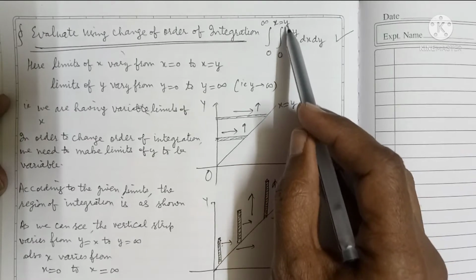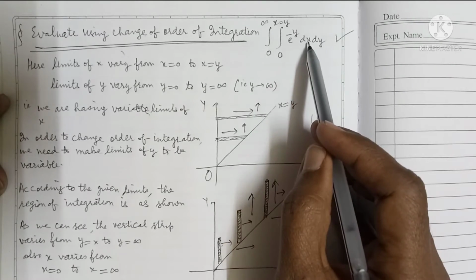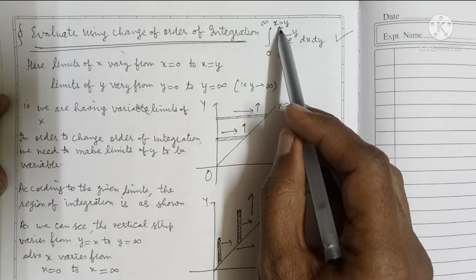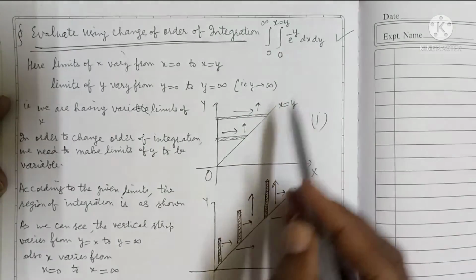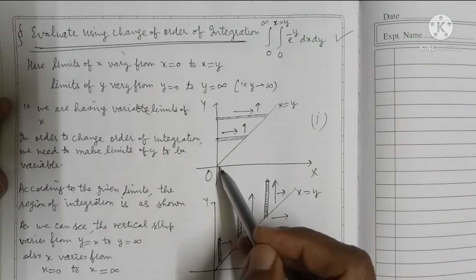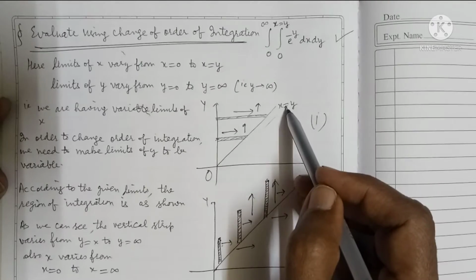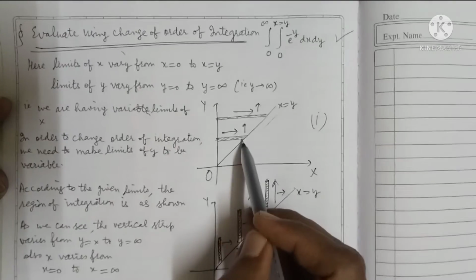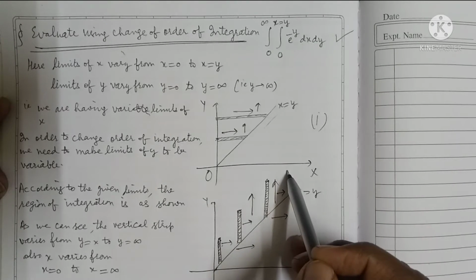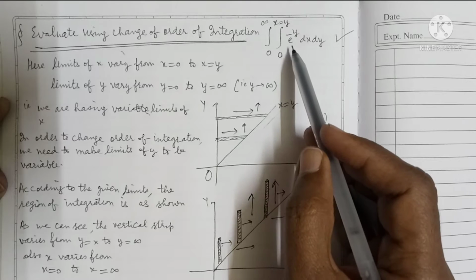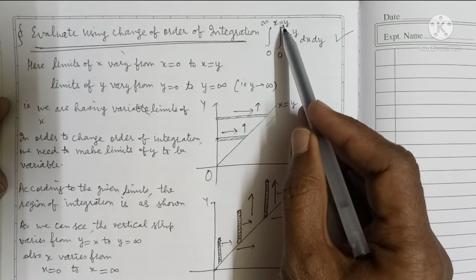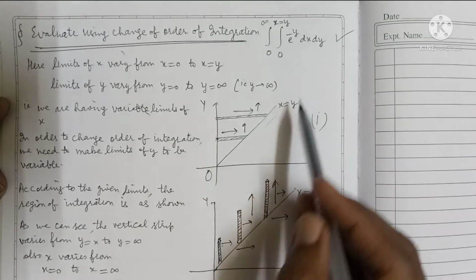In the upper limit, the value of x is in terms of y. So this is the line x equal to y, and we have plotted a strip parallel to the x-axis because in the given integral we have limits of x as variable limits, right?